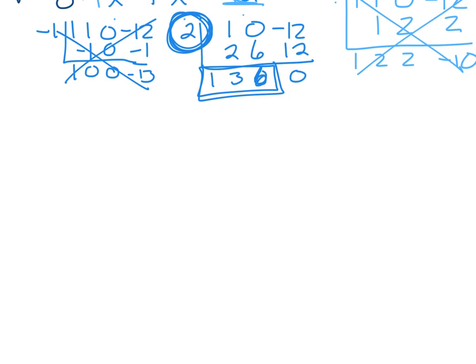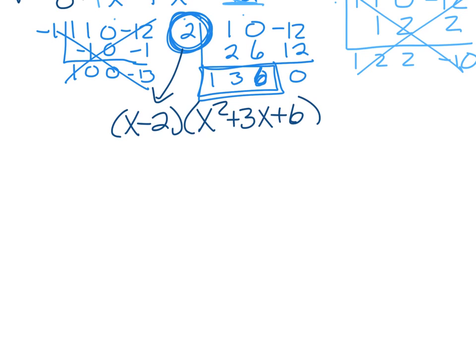Okay, so we are factored to x minus 2, because that's what goes with that, and then x squared plus 3x plus 6, because that's what goes with that. All right, equals 0. We're still trying to find zeros. This one we know is going to give us 2. And if I try to solve this sucker, it doesn't factor.